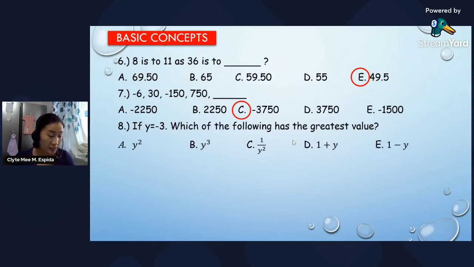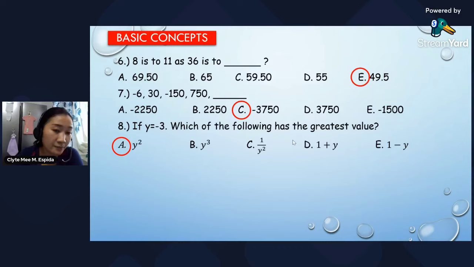Okay? The question is, for number 8, which has the greatest value? Let's reveal the answer. The correct answer is letter A. Why? The value for y is negative 3. So negative 3 times negative 3 is positive 9.